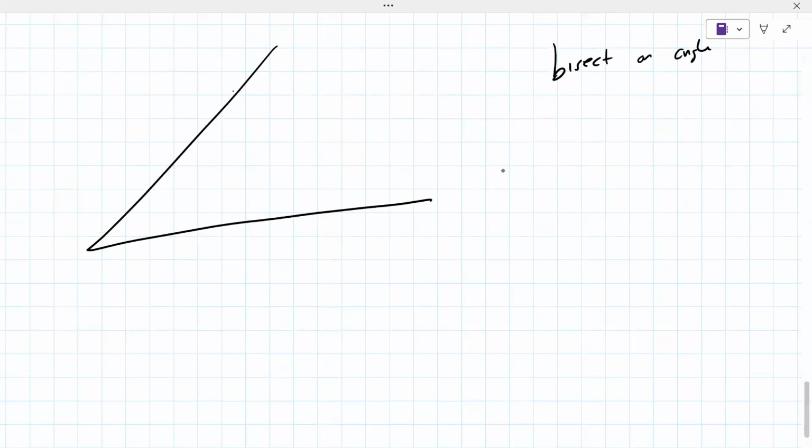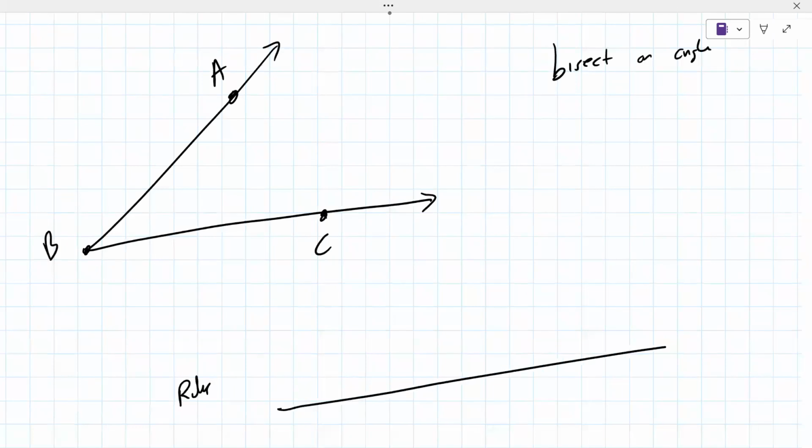Okay, so let's just say your teacher will put something like this on a test because they'll say copy angle ABC, and you're like, okay. So the first thing you do is you grab your ruler and you draw something like that. And that's supposed to represent this down here. You put a point for B. It doesn't matter where it goes. Okay.